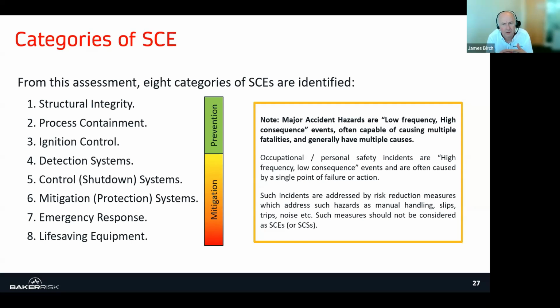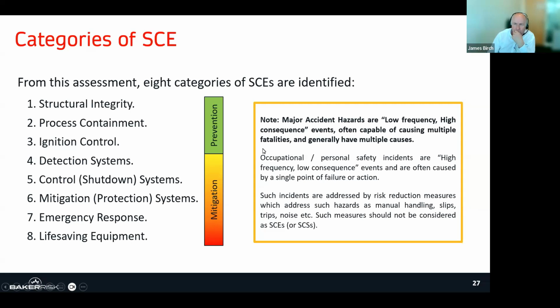Those are dealt with by manual handling, by ergonomic design. Those are not safety critical elements because they're not addressing a hazard as serious as a major accident event. It's worth just mentioning that difference because later when we talk about the risk assessment side, we'll come back to this.